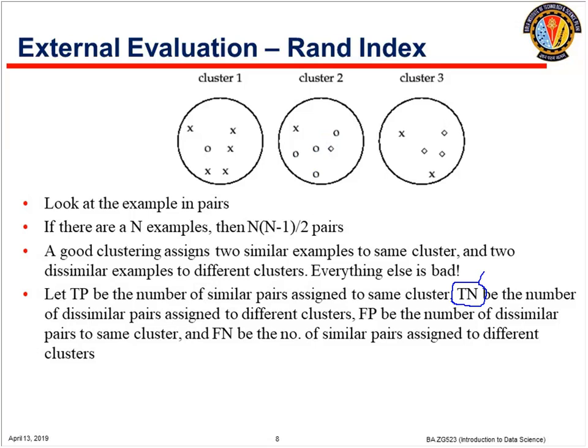So how many pairs are there which are correctly put in different clusters? When 2 examples are correctly put in different clusters, that means they must belong to different classes. So now you look at pairs across clusters, so that each pair is dissimilar. Each pair has a dissimilar label, and they belong to different clusters.